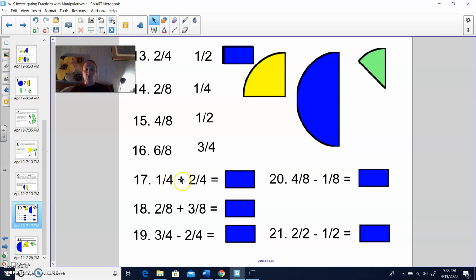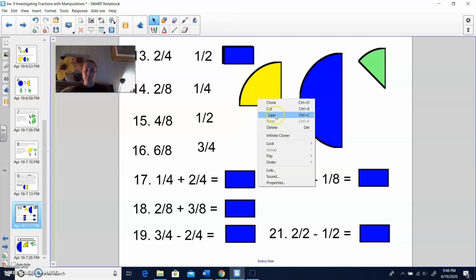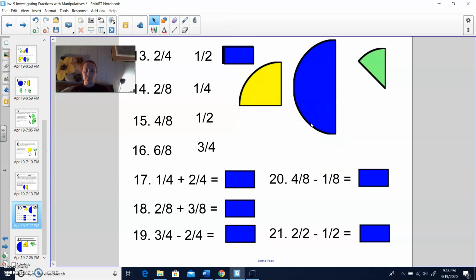Okay, if I have 1/4 and I add 2 more fourths in, what would I have? 1/4 and 2 more fourths. Use your fraction manipulatives. 3/4. If I have 2/8 and add 3 more eighths to it, use your fraction manipulatives. Your total should be 5/8.